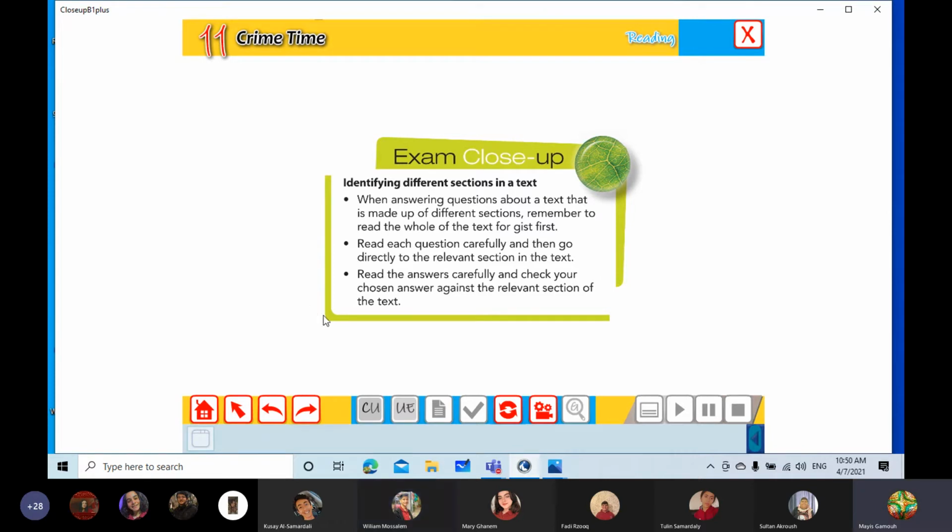Okay, read the answers carefully. After matching, after connecting your question with the relevant section, we have to read the answers carefully and check if they are connected with the sections that we have, in order to see if our answers are true or not.